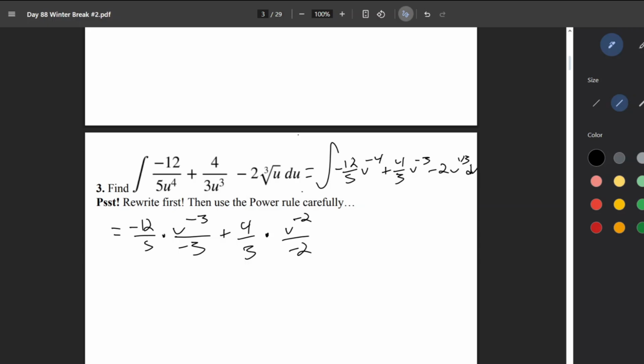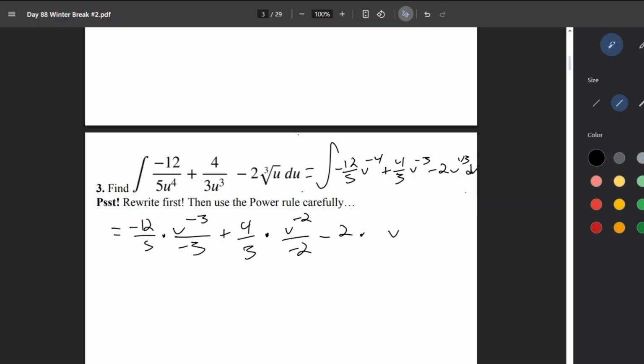And then this one's a little bit more difficult. -2, you can do 1/3 plus 1. I just see that as 1 over 3 over 3 equals 4 over 3. That's for the u.